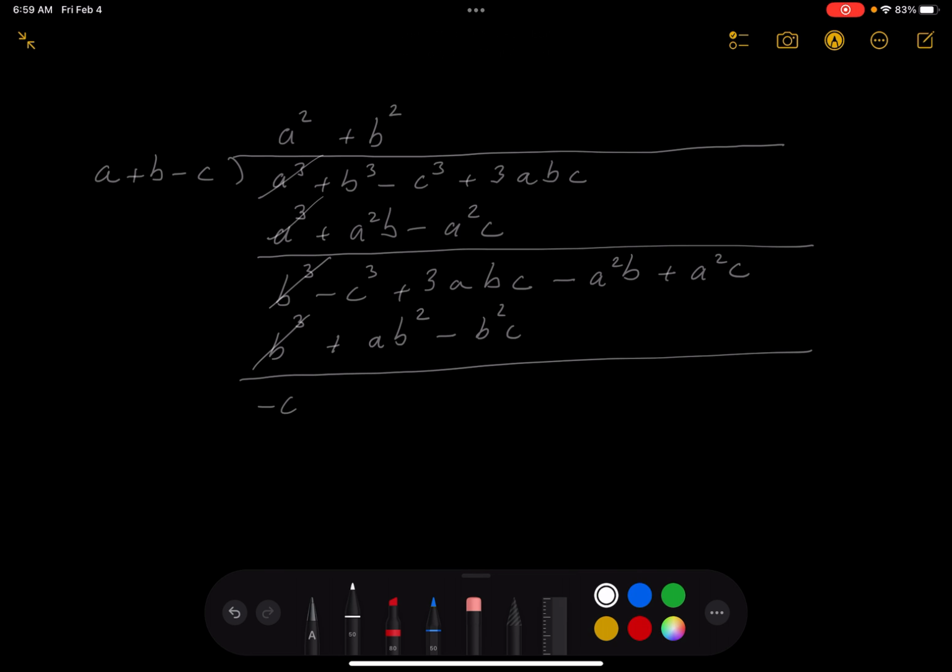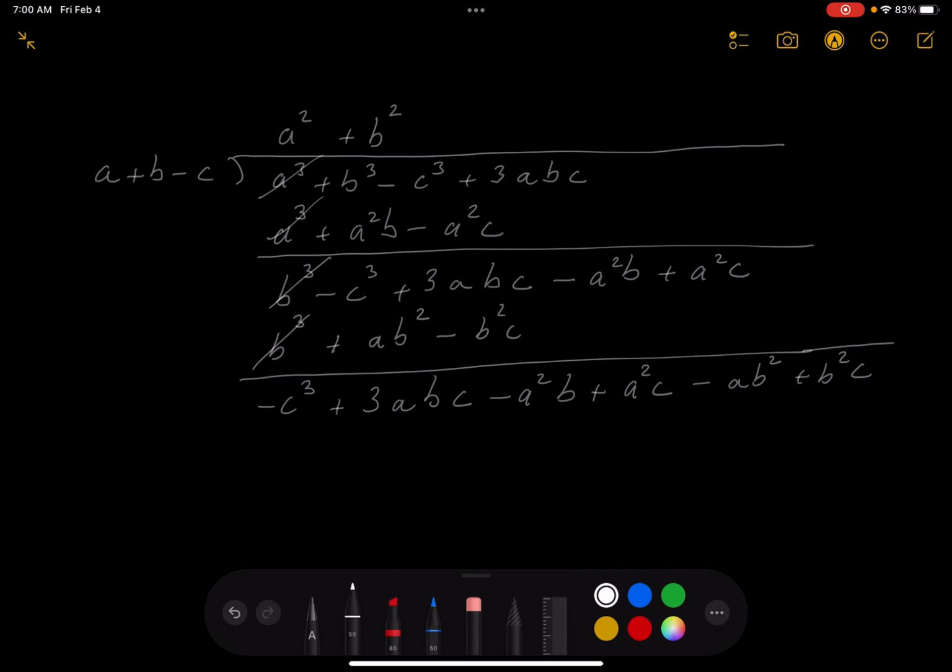Minus C cubed plus 3ABC minus A squared B plus A squared C minus AB squared plus B squared C.